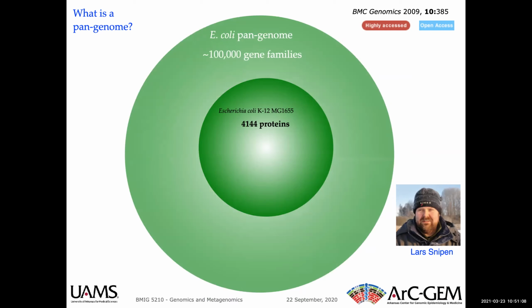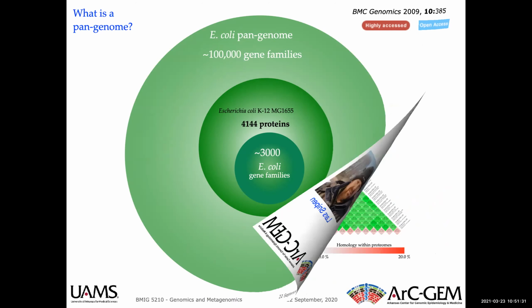If we look across lots of E. coli, even back then we knew there was around 100,000 gene families. And there's only around 3,000 core that's found in all E. coli. So a typical E. coli genome actually would have roughly 5,000 proteins, 3,000 of which is in the core in all E. coli, but there's 100,000 gene families. And this is published back 12 years ago.